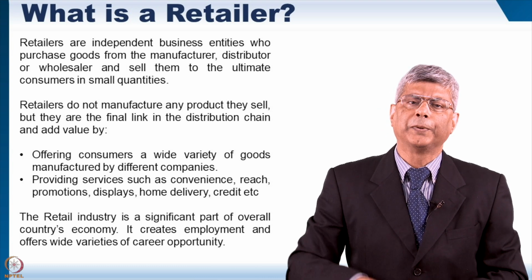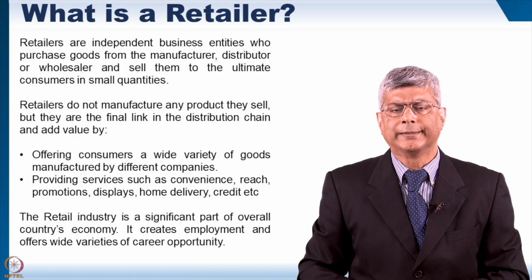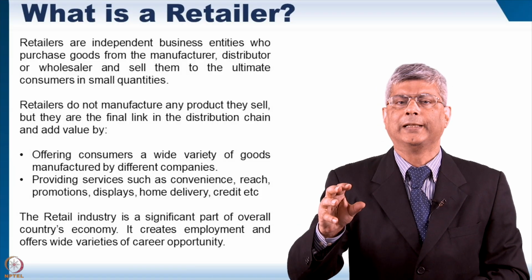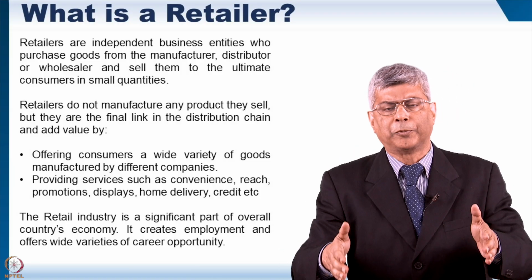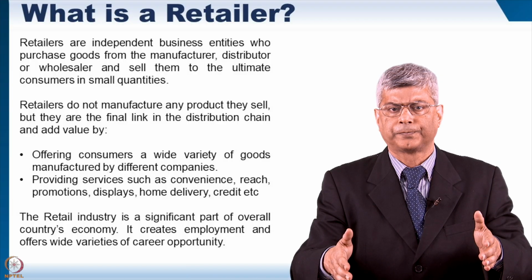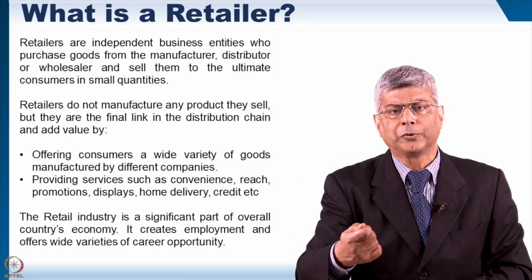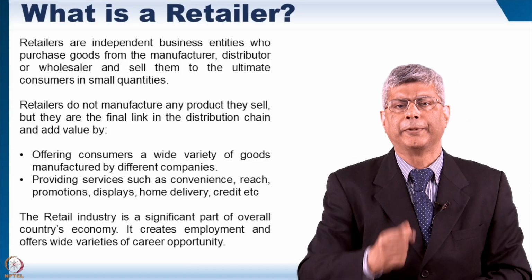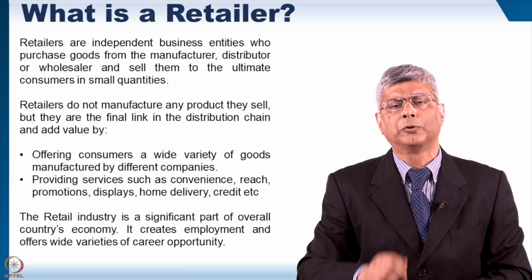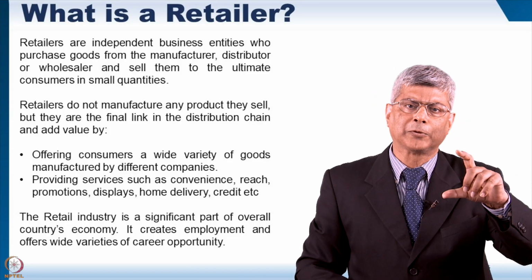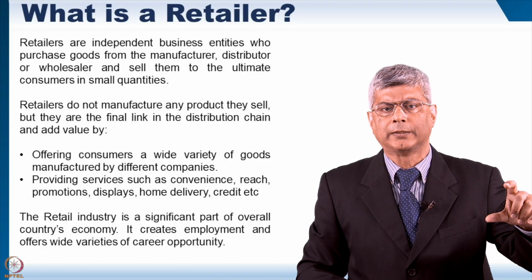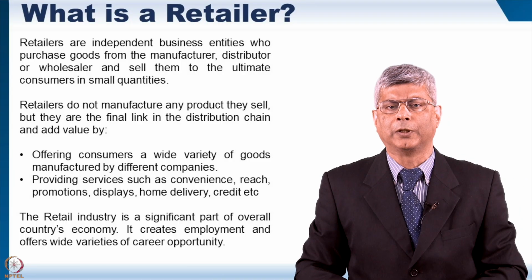The difference between a distributor and a retailer is that the retailer will buy in even smaller quantities from the distributor, which may be in cartons, and sell to consumers like you and me in single pieces. When you and I go to buy, we may buy one packet of biscuit, one soap, one detergent, one pencil, one pen, and so on.